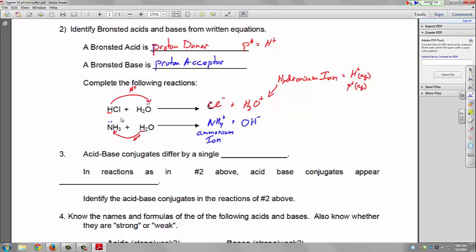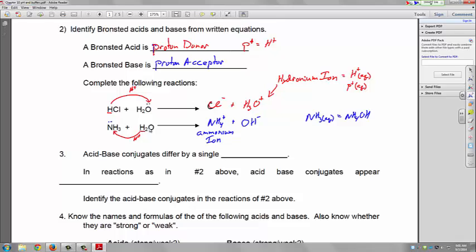So according to Arrhenius, this would also be a base because it dissolves in water to produce hydroxide ions. The only difference is the hydroxide ion is not present in the NH3. It actually comes from the water. But sometimes you'll see ammonia that's dissolved in water written as ammonium hydroxide.